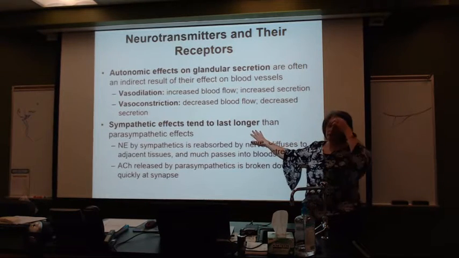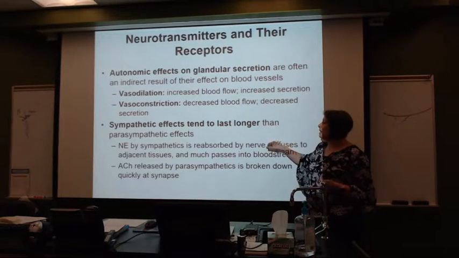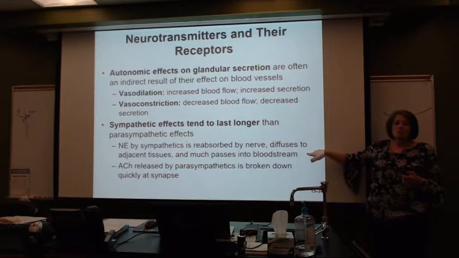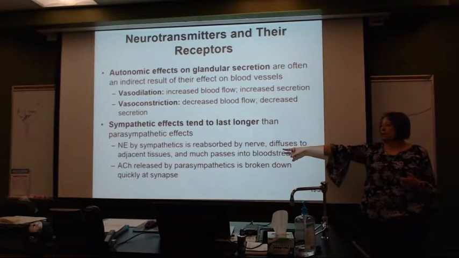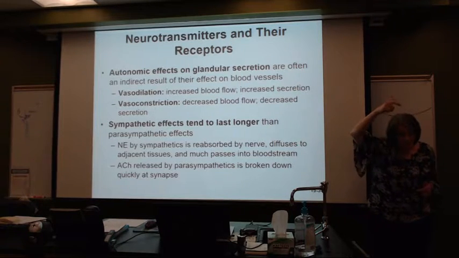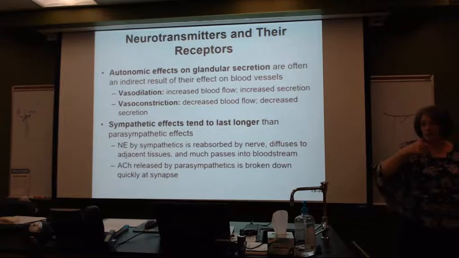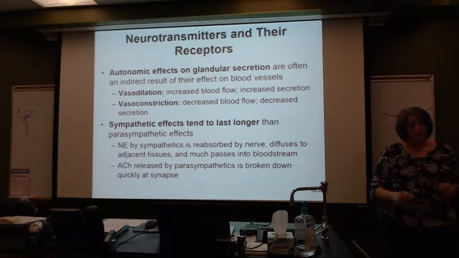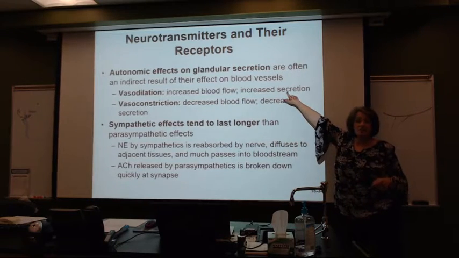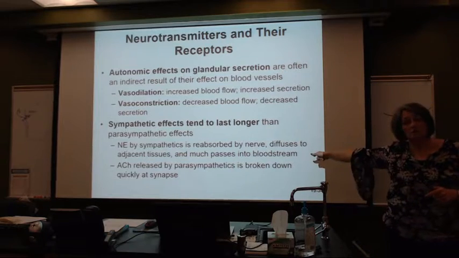I've mentioned quite a few times, sympathetic effects last longer because we make that norepinephrine, that adrenaline. The fiber goes directly to the adrenal medulla gland. And that product that's getting secreted goes directly to the bloodstream.